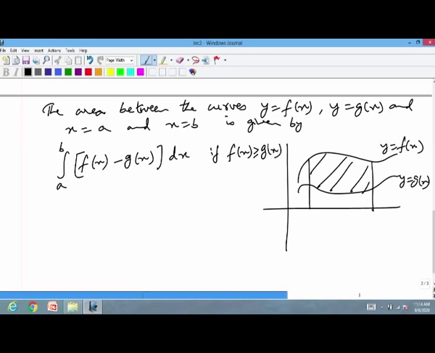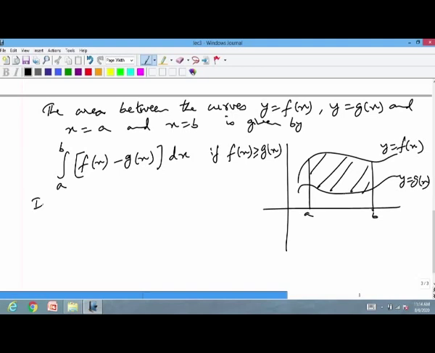This is because the integral from a to b of f(x) dx gives you the area between the curve y equal to f(x) and the x axis from x equal to a to b, and the other one, the integral of g(x) dx from a to b, gives the area under this one. So, the difference gives the area.